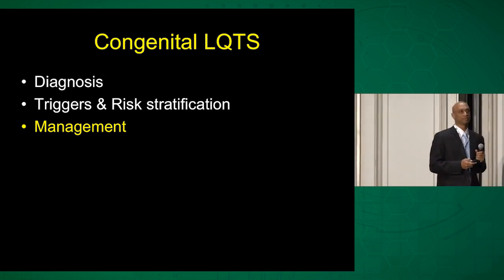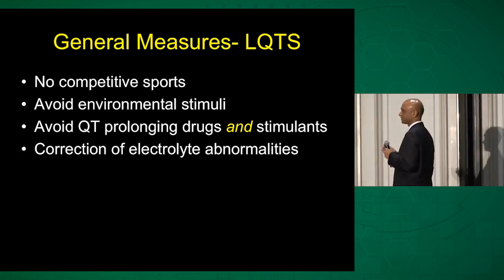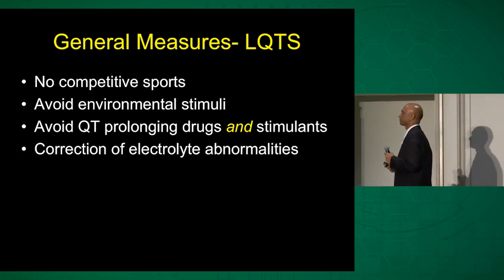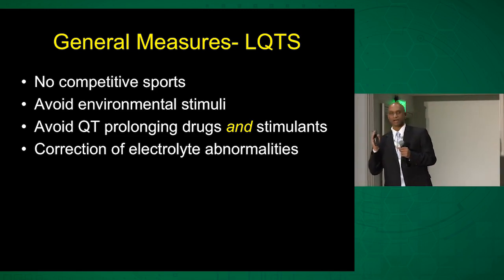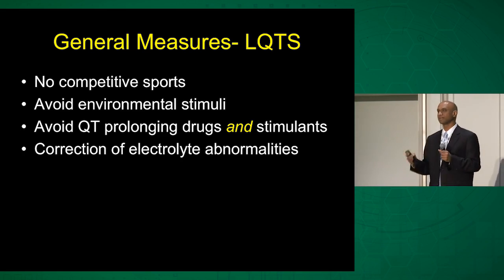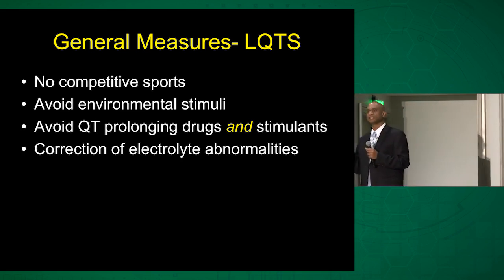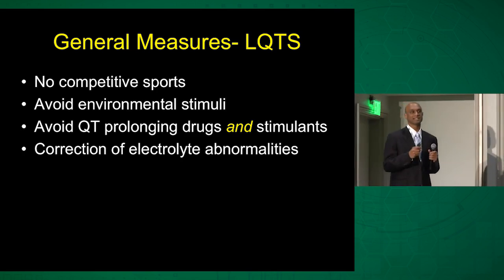So how do we manage these patients? There are some general measures and some measures that are specific to long QT syndrome. Avoidance of competitive sports is important because sympathetic stimulation brings out triggers in many of these patients. The specific stimuli that trigger each of these subtypes have to be recognized and avoided.